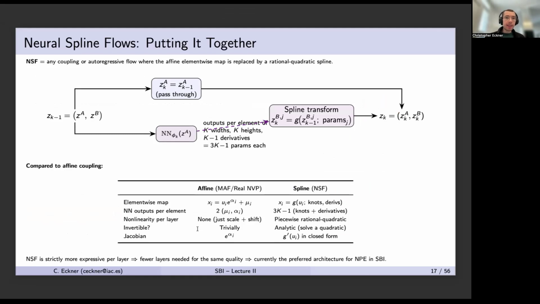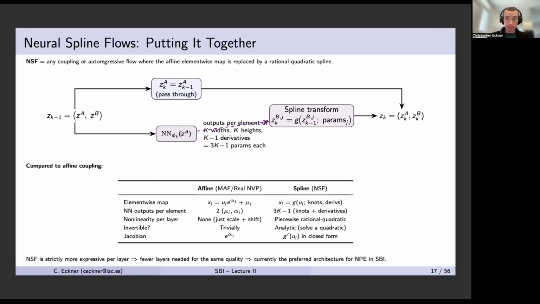So the idea here is, again, to be autoregressive and to apply these splines in the following sense, that you split your variables that you have at a certain layer into A and B. And then there is one path for A and B. Let's say for part A, you would apply a neural network to this subset of your parameters.